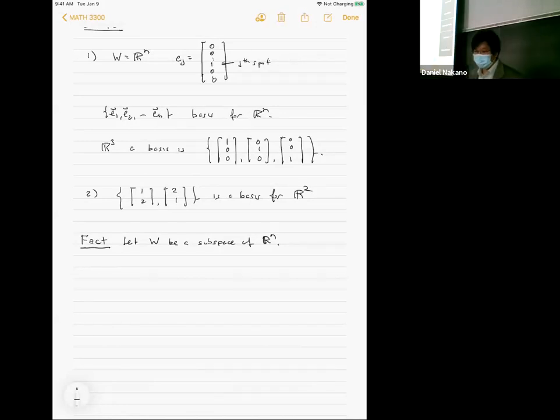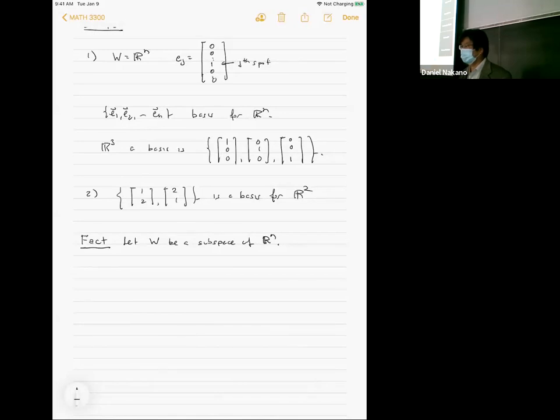All right, let me give you another example. If I take 1, 0, 2, 1, it's also a basis for R2. If I take 1, 2, 2, 1, 3, 4, it's not a basis.